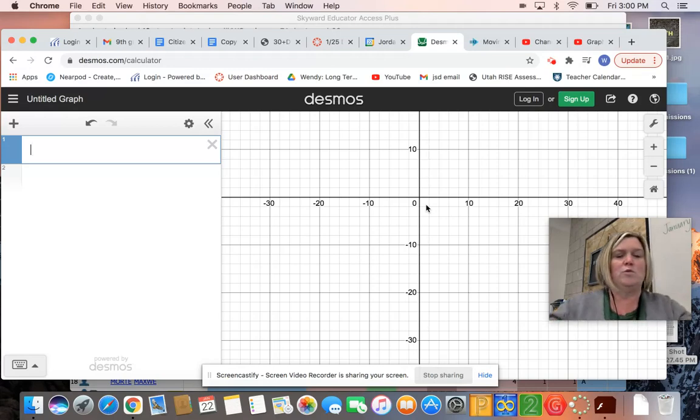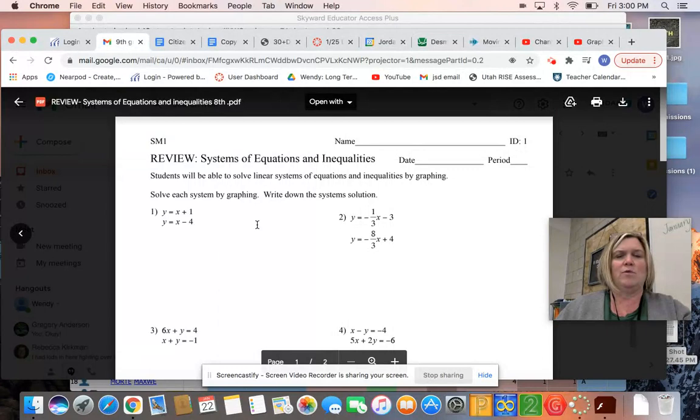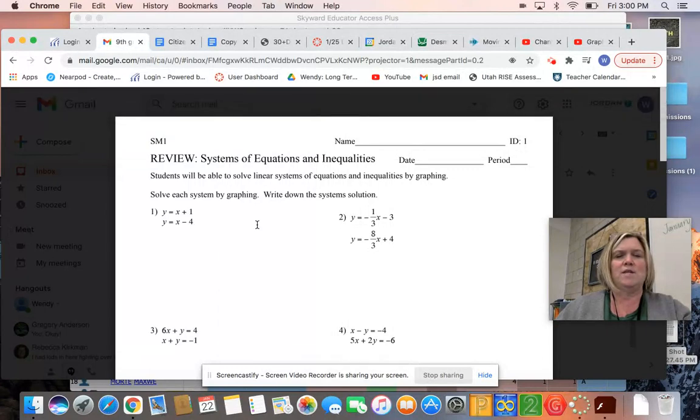Number two is y equals negative 1/3 x minus 3, and y equals negative 8 over 3 x plus 4. We can see that those are not the same slope, so it's not going to be a no solution.